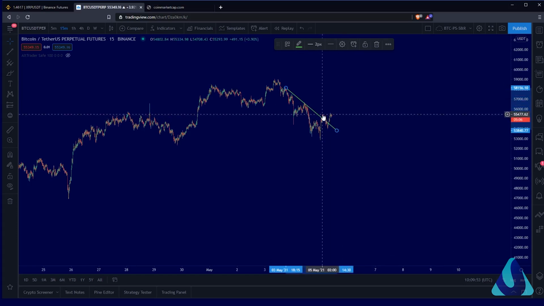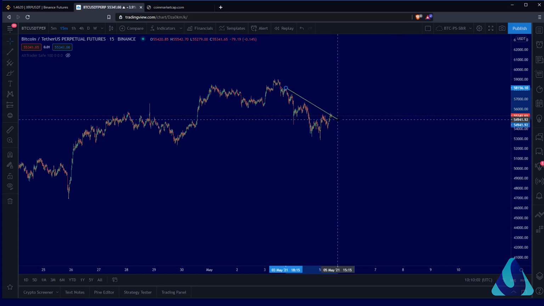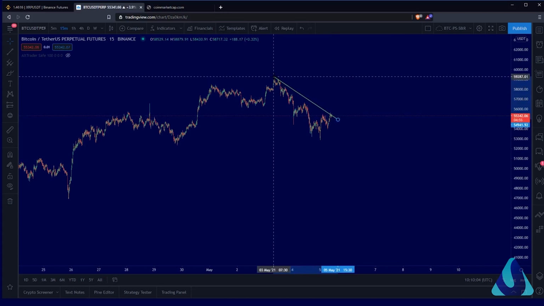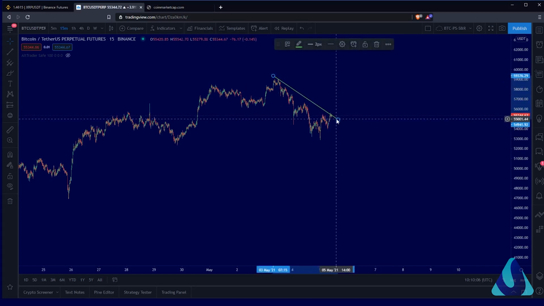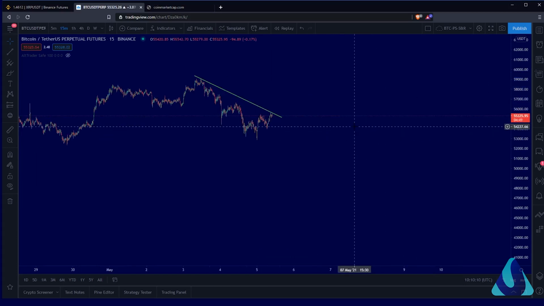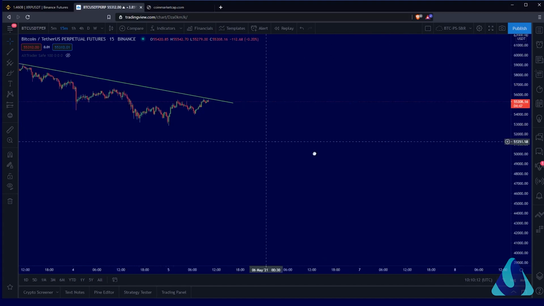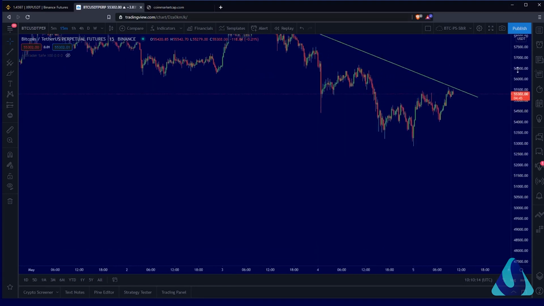Even when it hits this point and comes through, it still breaks down and comes here. Finally, it breaks through. So what we could either do is look at it from this perspective, where we're still seeing a downtrend. This could be an area of some kind of resistance. So let's zoom in and have a closer look.